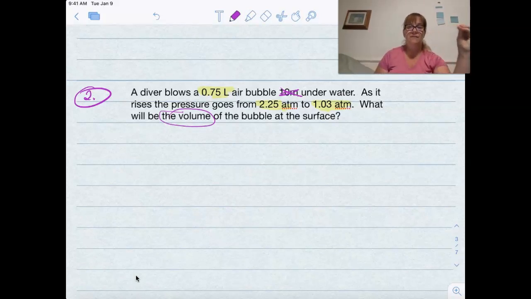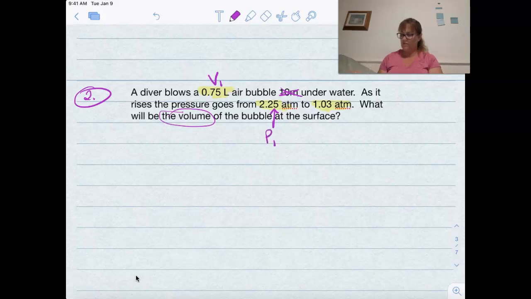So now let's identify which variables these are. 0.75 liters, that is our V1. Initially, he blows the bubble. As the bubble rises, because he's down under the water, it starts at 2.25 atmospheres.